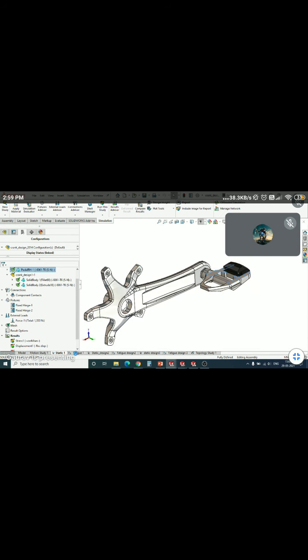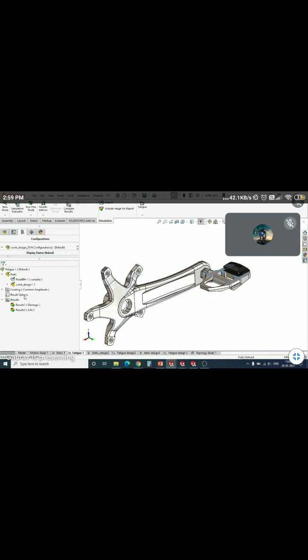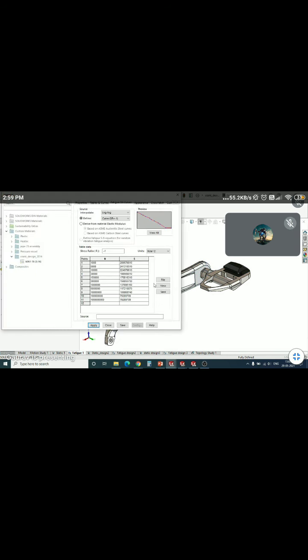And if I talk about fatigue analysis, we provide fatigue data to the model whenever we perform any fatigue analysis because of constant loading and unloading. That is number of cycles versus the stress value. As the number of cycles increases, the stress value reduces.